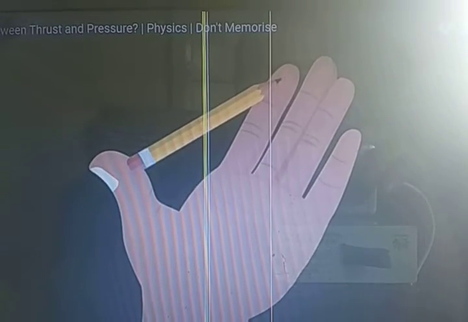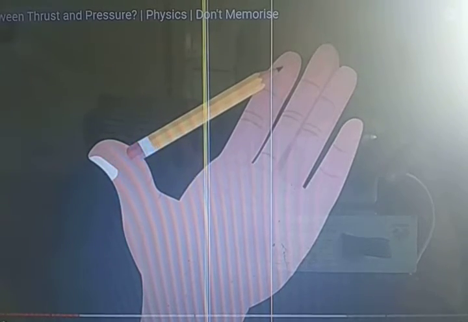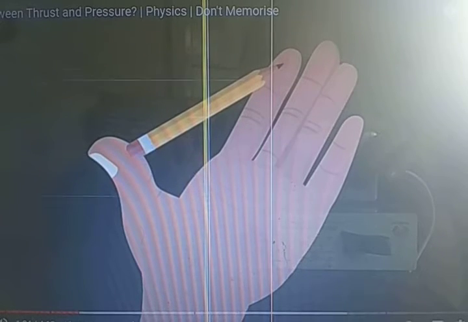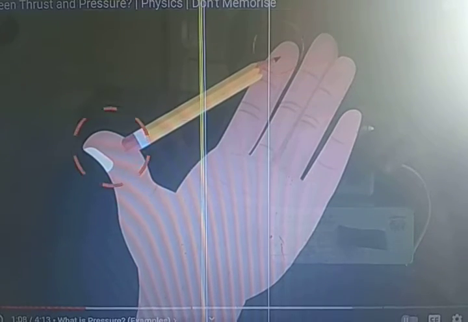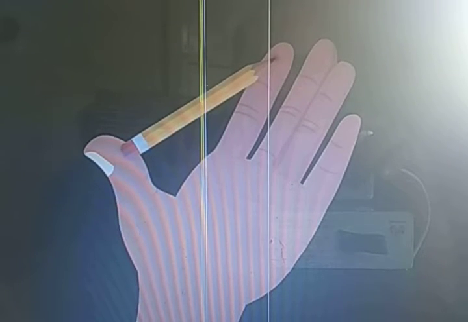To understand more, we can take an example. If you put a pencil between your forefinger and thumb and press it together, what will you feel? Yes, you will feel pain on the forefinger because the tip is sharp. The thumb and the finger experience different pressure, in spite of the fact that you apply equal force.